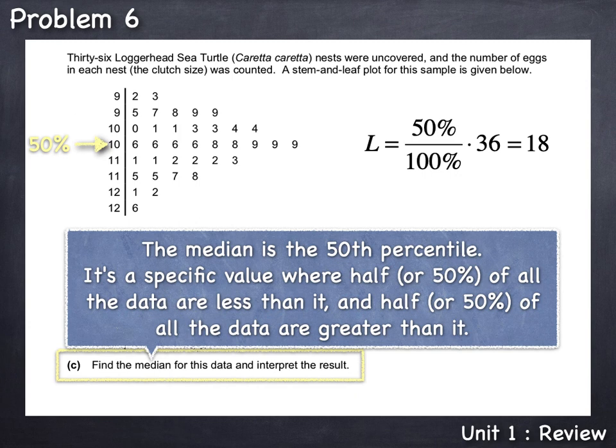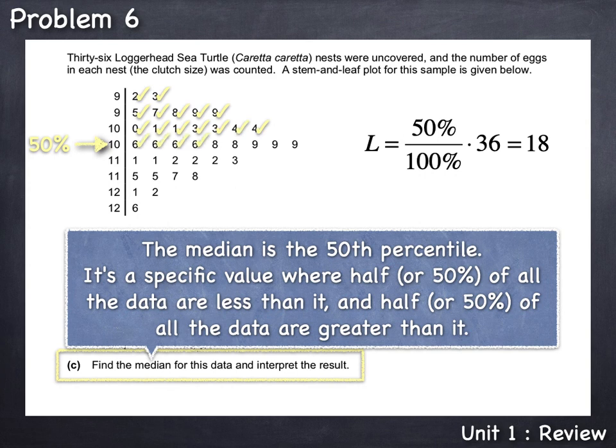So going to our stem and leaf plot, which already has the data ordered from lowest to highest, and starting at the lowest, 92 eggs, we can count 18 nests: 1, 2, 3, up through 18.